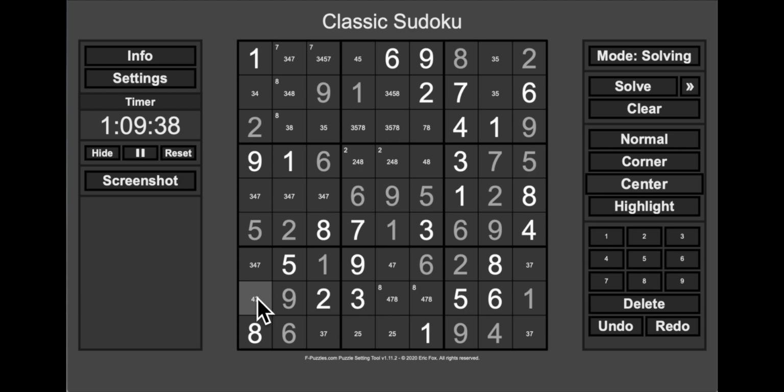Let's see. This is 4 or 5, and that's 2 or 5. Okay, but a 3-5 pair here, and 3-7 there, and the rightmost 3 columns are done after that. Let's see, these are indeed still 4, 7, and 8, of which that can't be 8, but these two could still be anything.